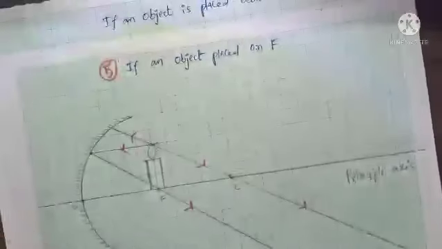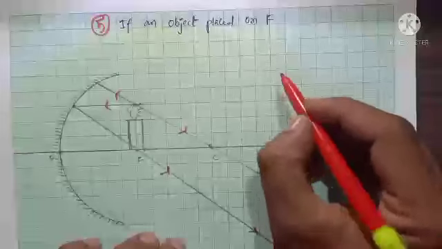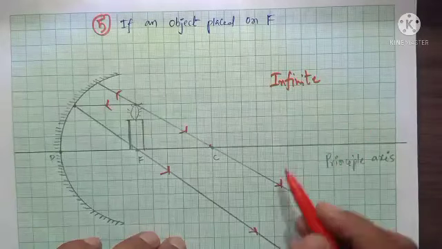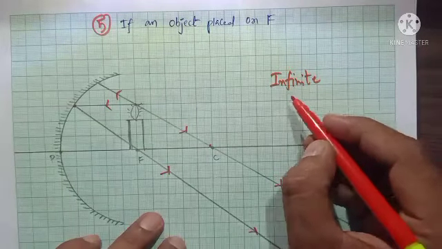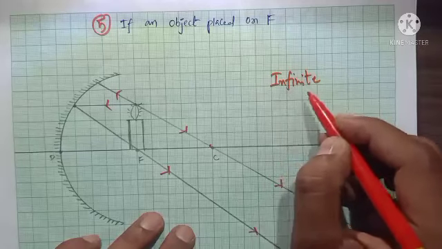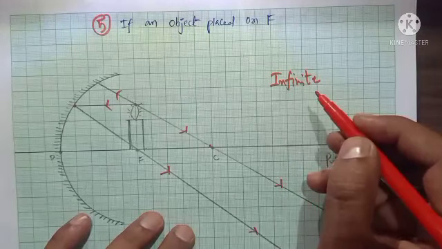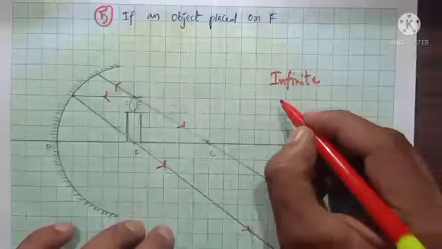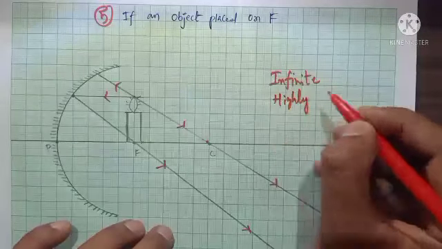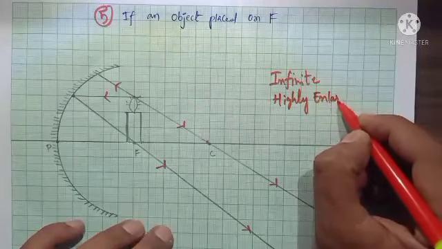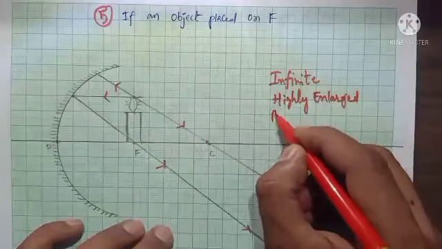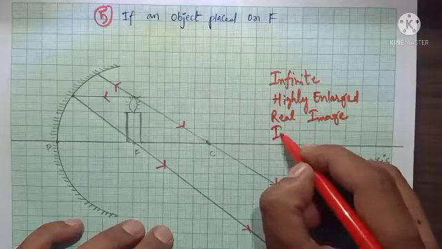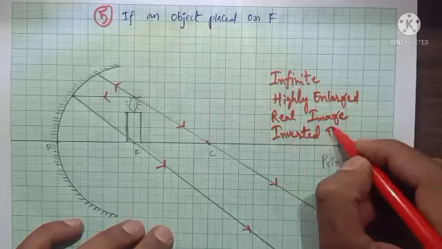So here we can write the properties. The image will form at an infinite distance, and if you are able to capture it on a screen, that is a highly enlarged image, and it is a real image, and it will be an inverted image.